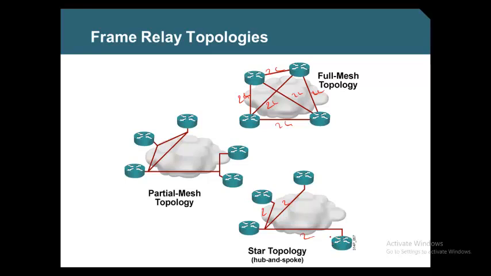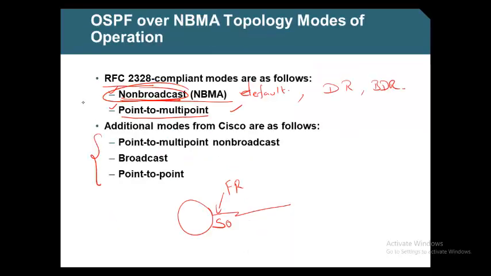But when you want full mesh, you pay 12 lakhs for these 4 sites. Double. Not everyone is ready for that. See, frame relay is that costly. Very costly. So you may not like this default non-broadcast where there is going to be a DR-BDR election.